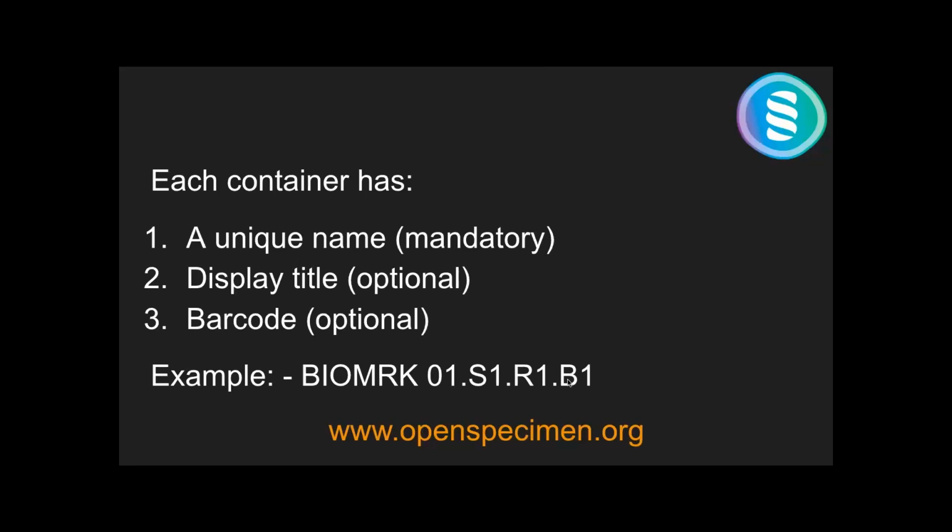Many times, just to give you one example, if I have 20 boxes in rack 1 and my first 4 boxes are for serum and the next 4 are for plasma, just looking at the box names becomes difficult. So you can always choose to add a display title there. Also, if you are using any barcodes, then you can also make use of the barcode. Let me know if you have any questions.